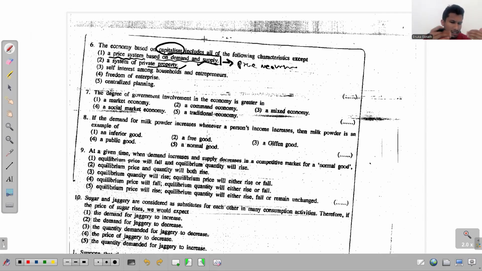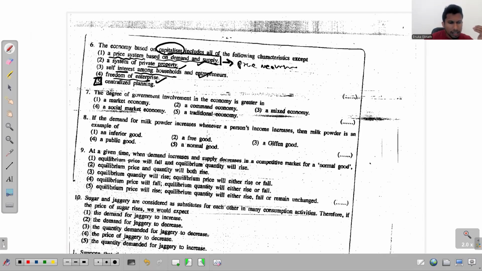They are not identical, but still, if it's a free market economic system or a capitalist economic system, incentives are totally based on self-interest. So that is also a characteristic of capitalism. Fourth one, freedom of enterprise and also freedom of choice. We have both in capitalism.